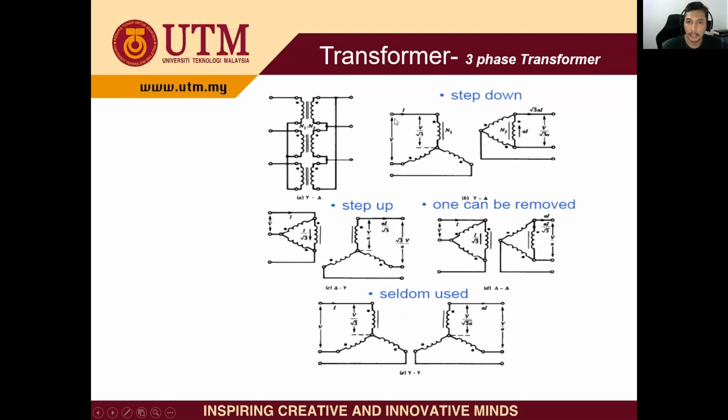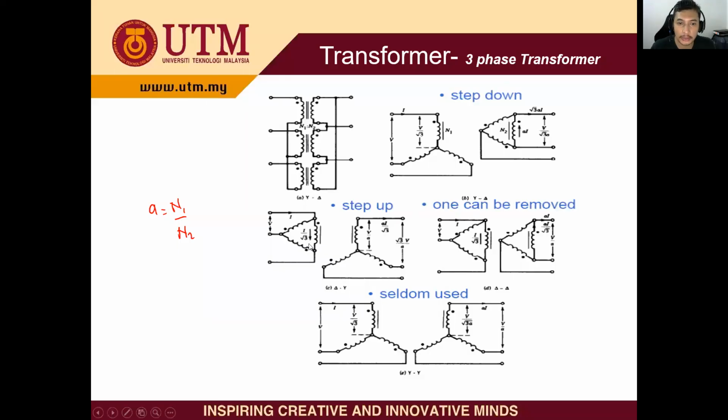For the current, I line is I phase for the primary. For the secondary, I phase is equal to the primary but multiplied by A, where A is N1 over N2. To get the line current, you need to multiply by square root 3.